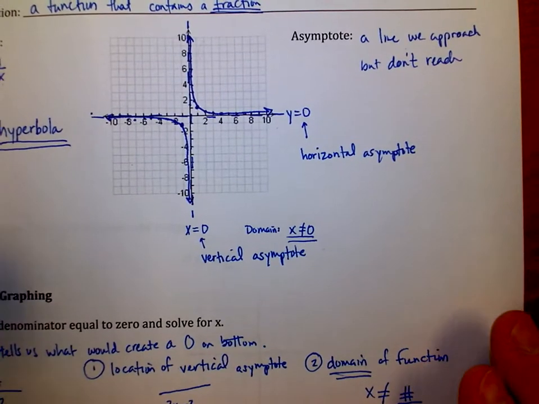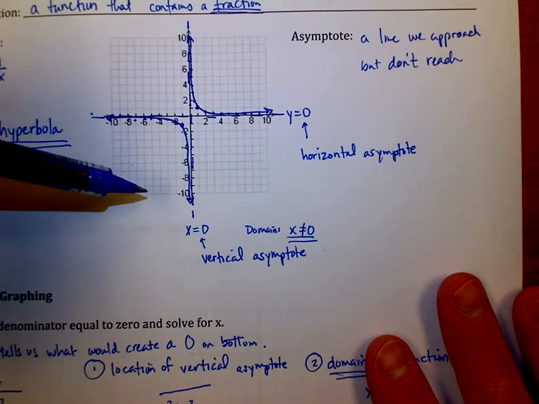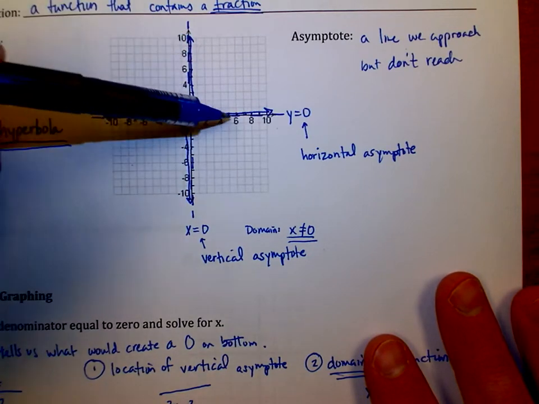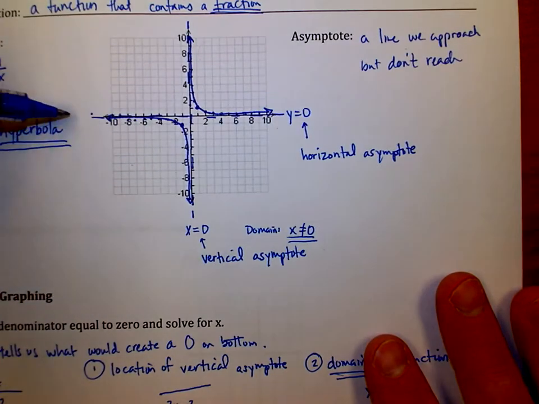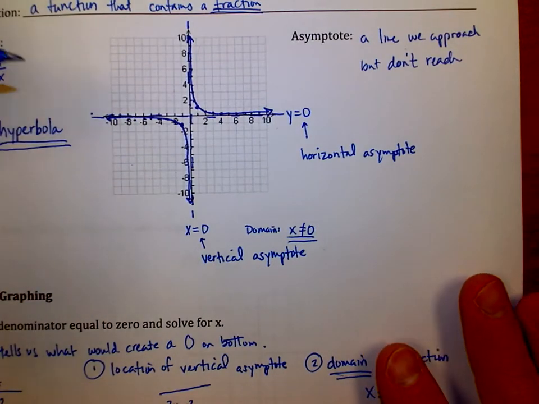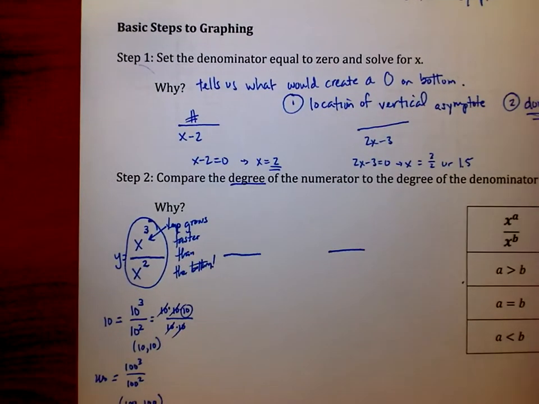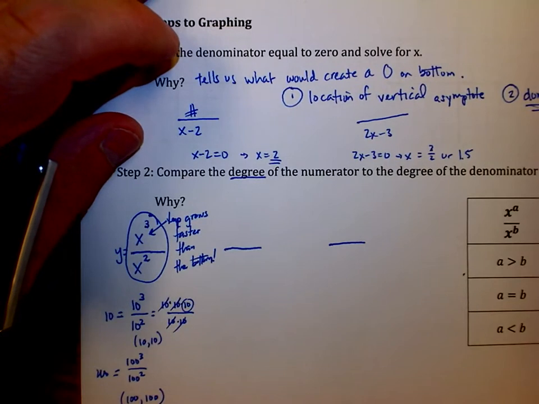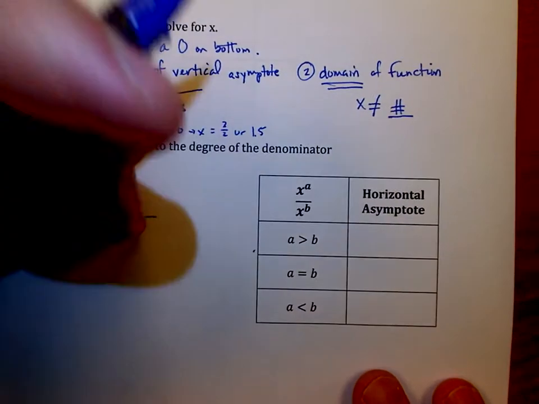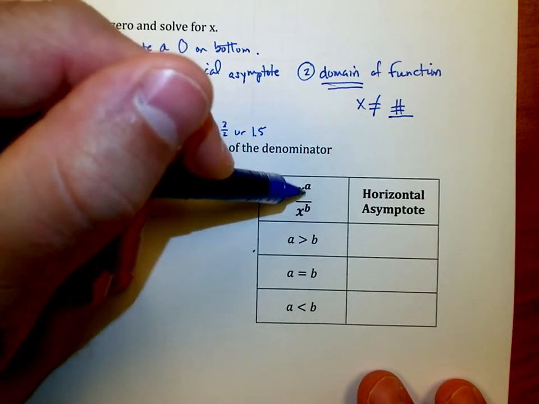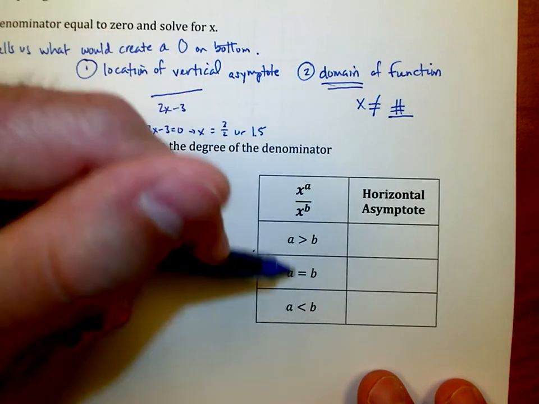Why is that important? Because if I look up here, I see that the graph we were talking about earlier levels off, doesn't it? You see how this goes off and it levels out at 0? This thing levels off at 0, and I have a horizontal asymptote. What we notice here is if the top is bigger, it doesn't level off. So when we talk about where the horizontal asymptote is, notice I have x raised to the a power, x raised to the b power, and I'm comparing the powers.